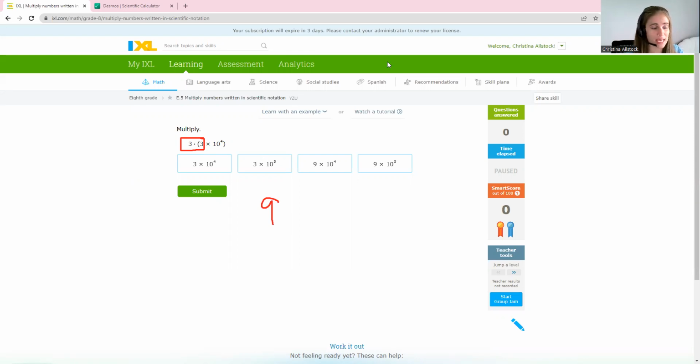And then I don't have any other base 10s to multiply that 10 to the 4th by, so it's just going to stay times 10 to the 4th, which is this answer choice right here. That is our simplified version. That is our product when we multiply those two together.